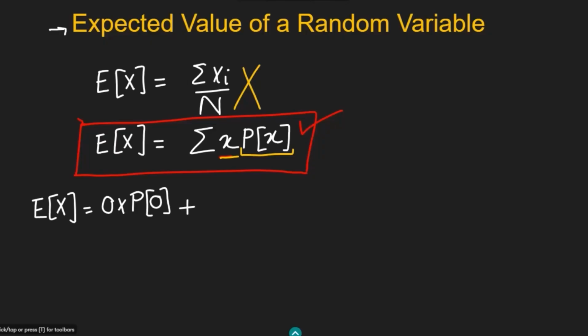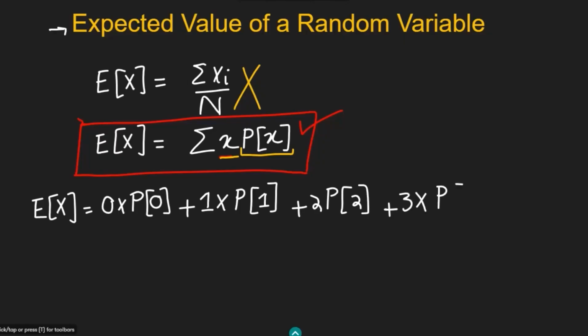I have to add to it 1 multiplied by the probability that heads equal to 1, similarly 2 multiplied by the probability of heads equal to 2, plus 3 multiplied by the probability that the number of heads is equal to 3.